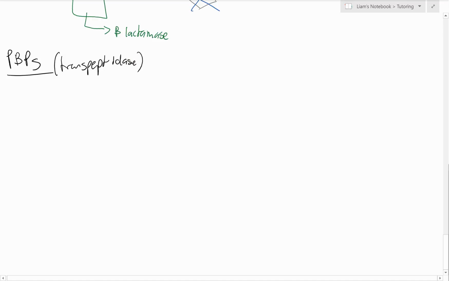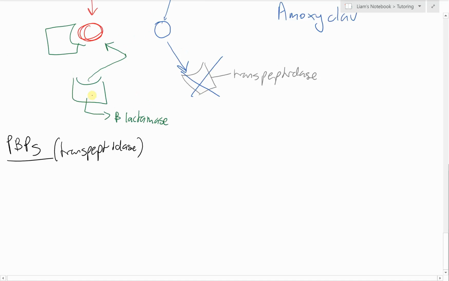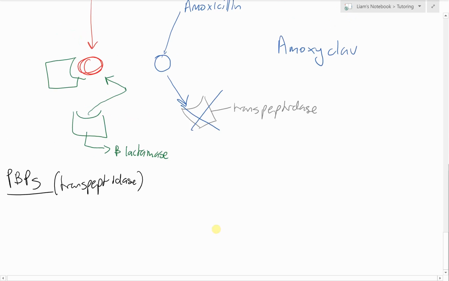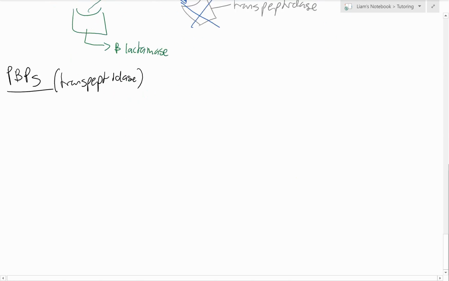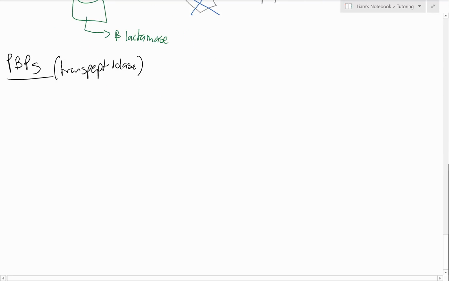So what you can do is, instead of encoding something to break down the beta-lactam, you can just change the structure of the thing that the beta-lactam was going to bind. Whereas most transpeptidases might look like this, and this is our beta-lactam, they go and bind nicely, we just change the transpeptidase, we change the binding site.